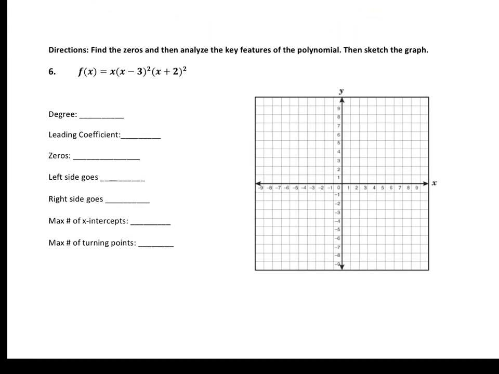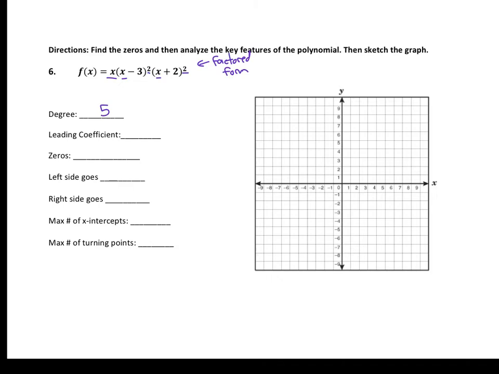So now we start graphing. When it is in factored form, we're going to count the zeros. We're going to look at the leading coefficient. We've got 1 x there, 2 x's there, and then 2 more here, so that's 5 total. So our degree is 5.